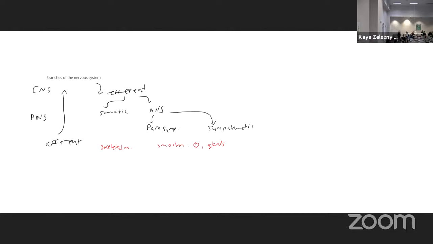We have dual innervation. So both of these are going to these same places. And we are just switching which of them predominates. So which of them is more in control, not totally turning on and turning off. So we have this trade-off. We have more stressful situations, sympathetic, more relaxing situations, parasympathetic.